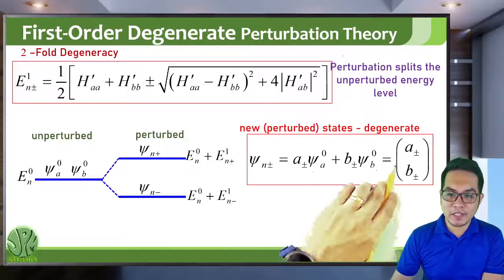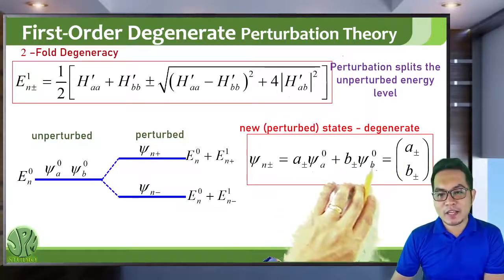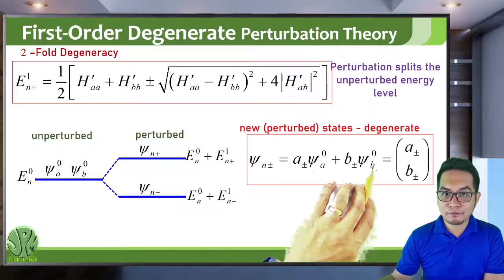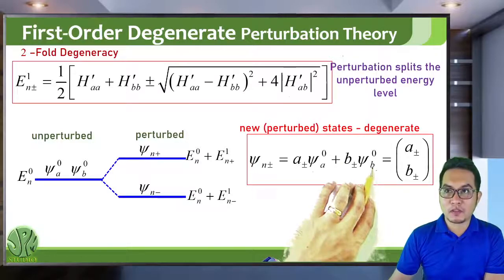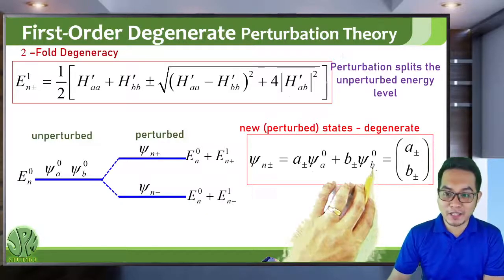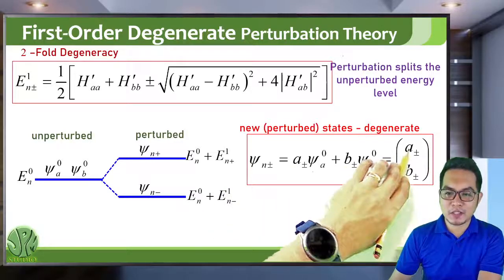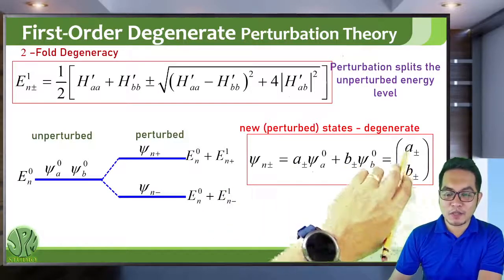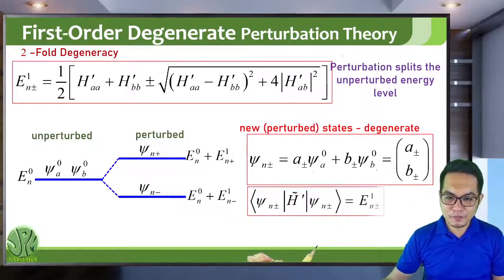So in terms of matrices, you can write this as this one. So take note, psi A0 and psi B0 here are the eigenvectors. You can call them unit vectors. They are essentially unit vectors, like i hat, j hat, k hat. So when you represent them as a matrix, you just write the linear combination coefficients, A plus minus and B plus minus.